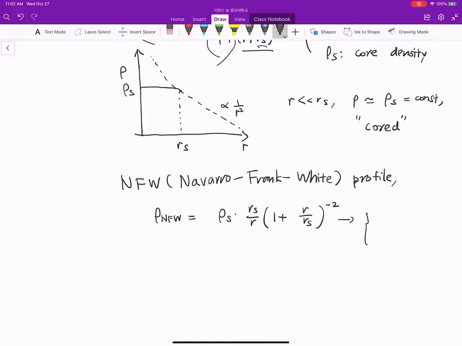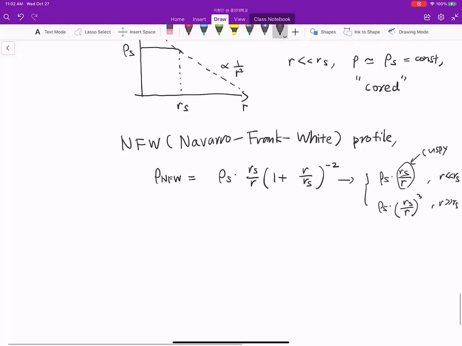you have a tendency. So for small radius, it is divergent, but it's a cusp, a less steep cusp than the previous estimation. And if you go to larger distances, the density drops faster than the previous estimation, like 1 over r cubed.